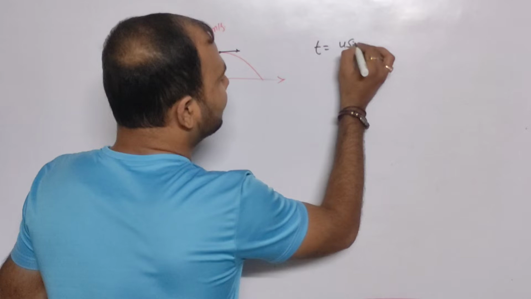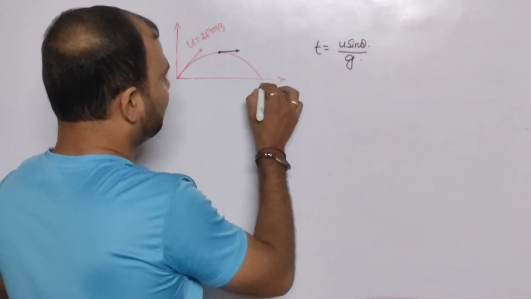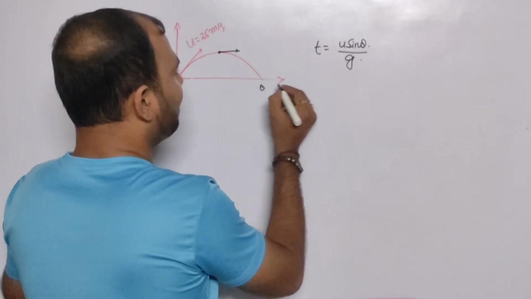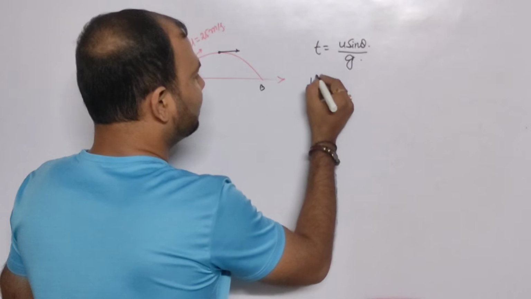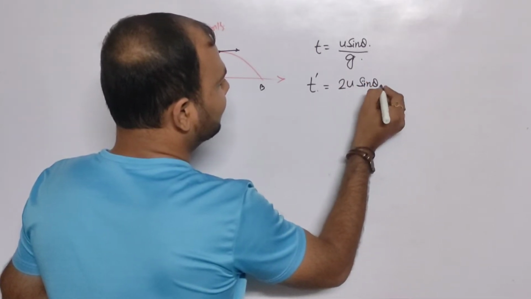u sine theta by g, and to go from A point to B point, total time t dash is 2u sine theta by g.